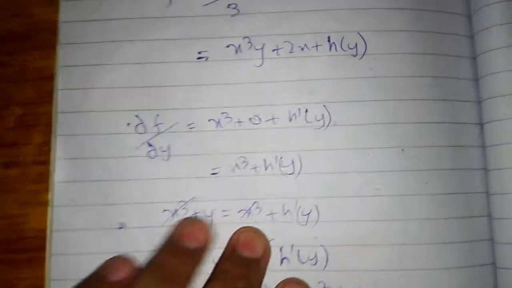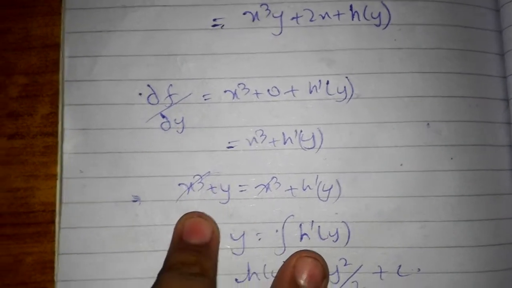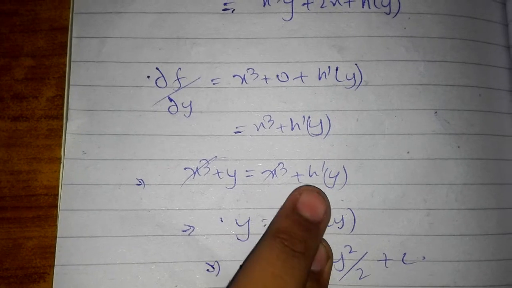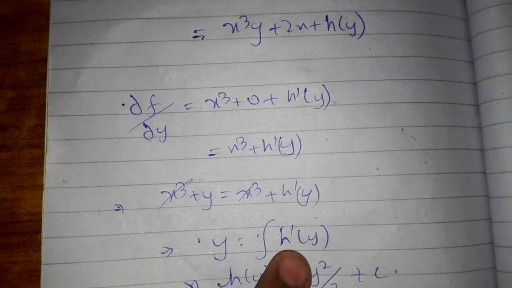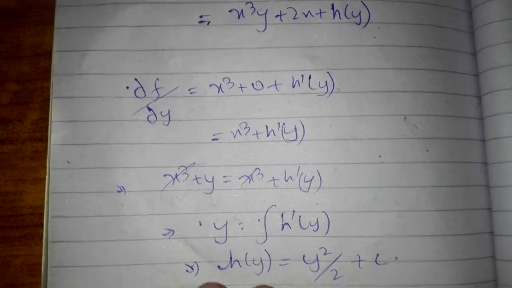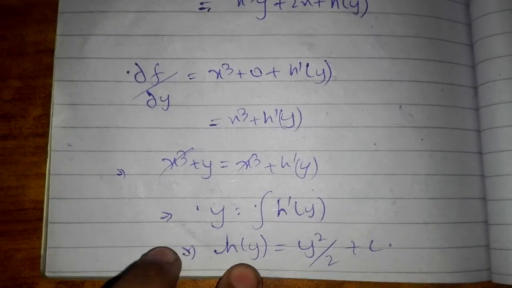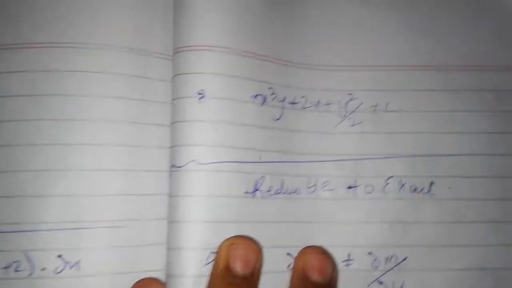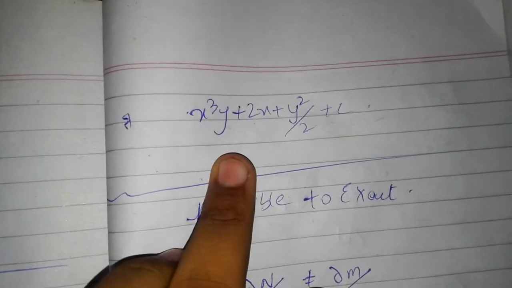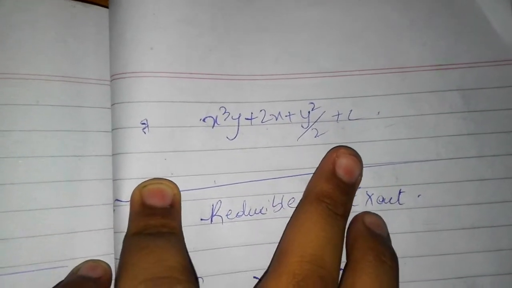So we will now equate it: x³ + y is equal to x³ + h'(y). So h'(y) is y. We will integrate it, so h(y) is equal to y²/2 + c. So the final equation would be x³y + 2x + y²/2 + c.